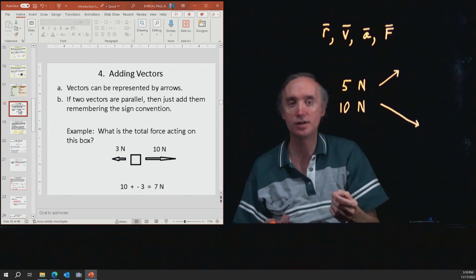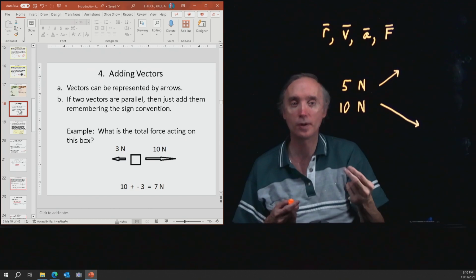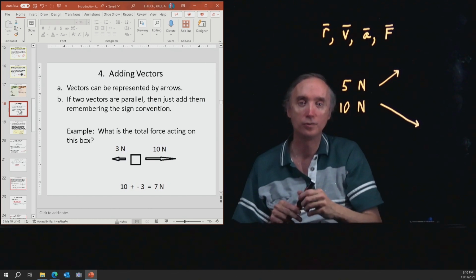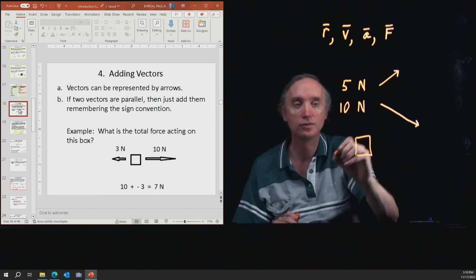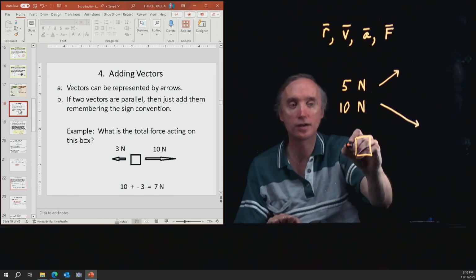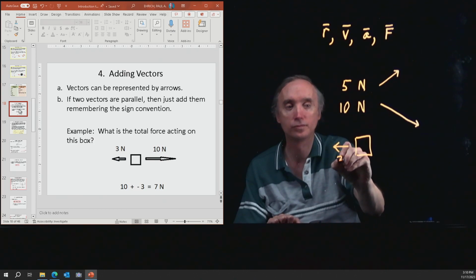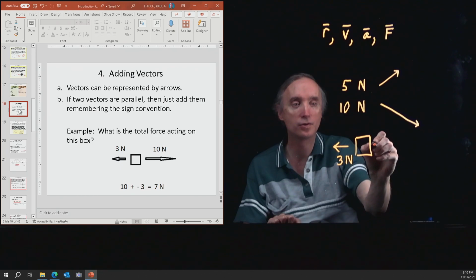In case number 1, let's assume that the two vectors are parallel to each other. In this case, we've got an object and it's being subjected to 2 forces. It's being subjected to a 3 Newton force that goes in that direction, and then it's also being subjected to a 10 Newton force that's going in this direction.